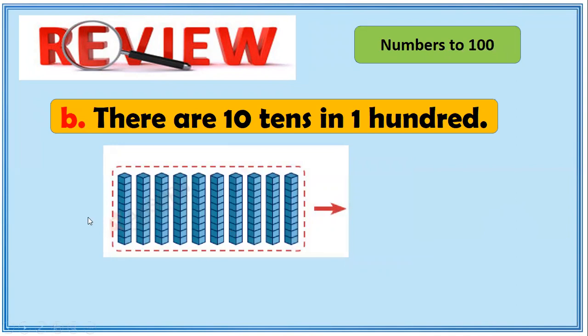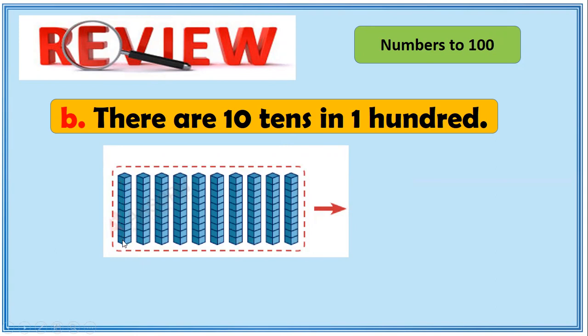Okay, so as you can see here, we have how many sets of cubes? 1, 2, 3, 4, 5, 6, 7, 8, 9, 10. And each set of cubes contains 1, 2, 3, 4, 5, 6, 7, 8, 9, 10.